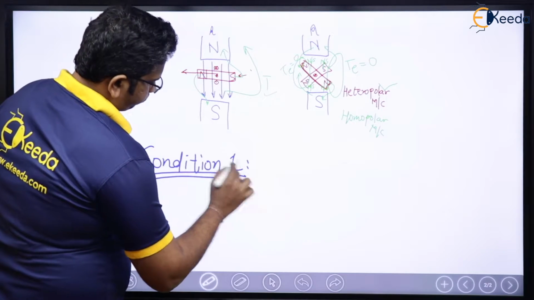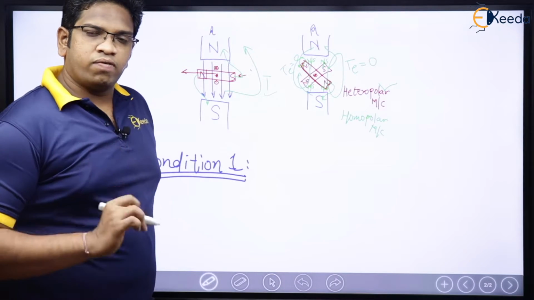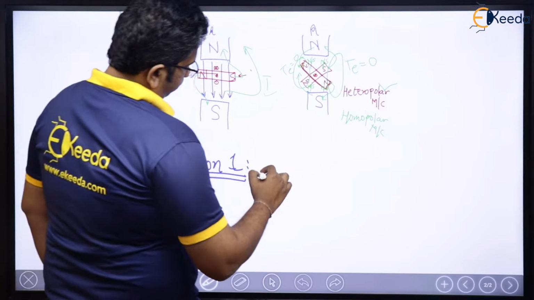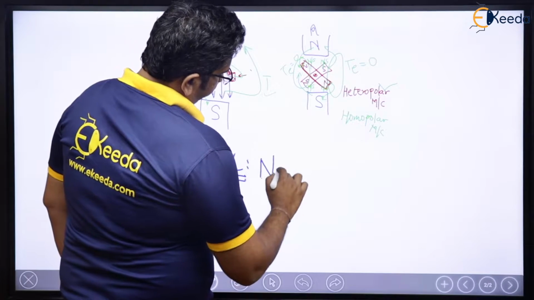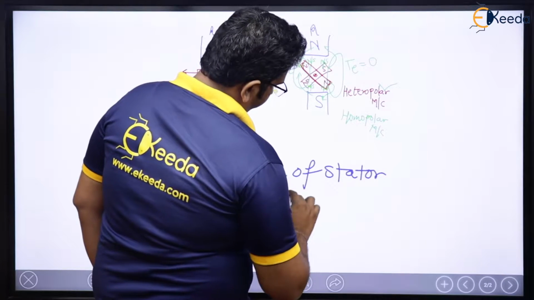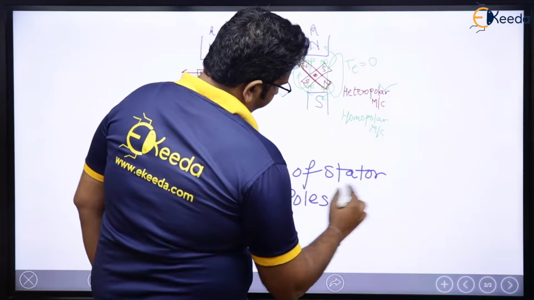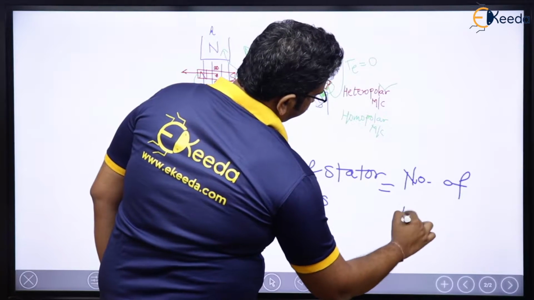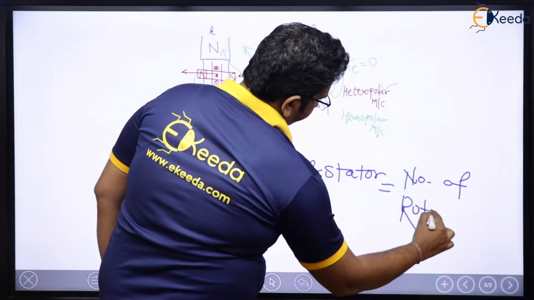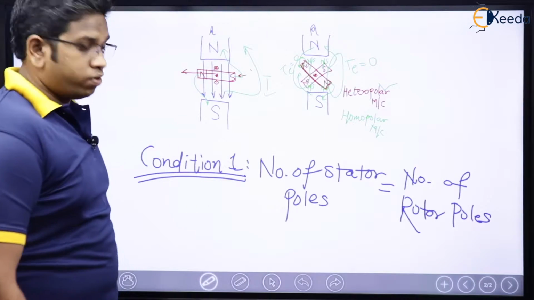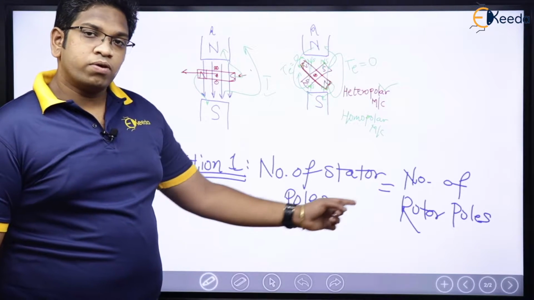So, condition number one: in order to have a continuous torque, the first and foremost condition is that the number of stator poles should be equal to the number of rotor poles.